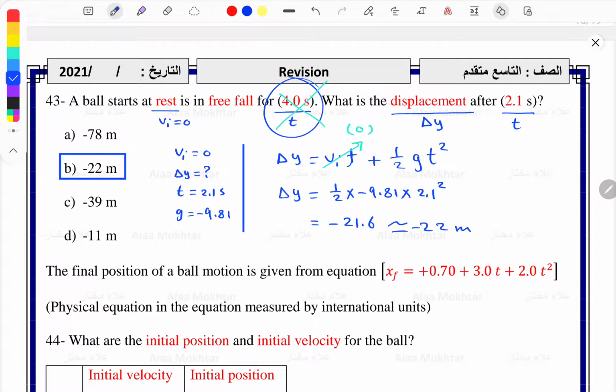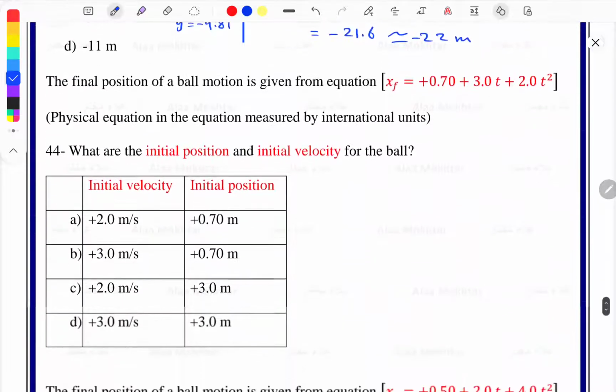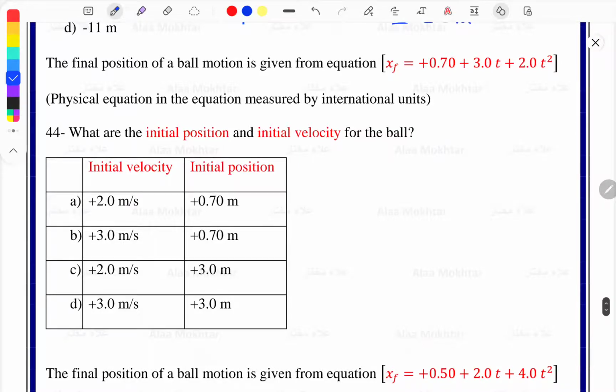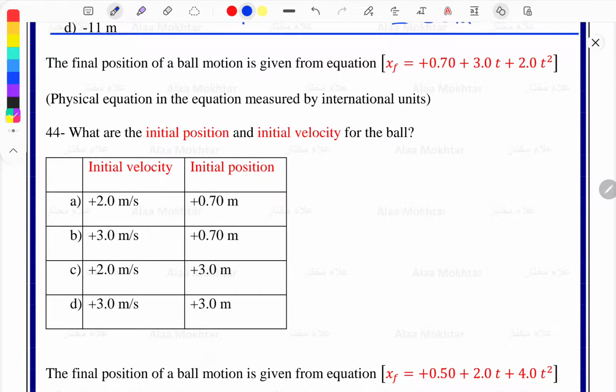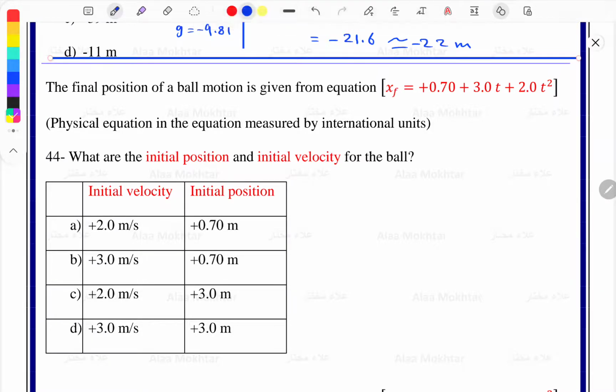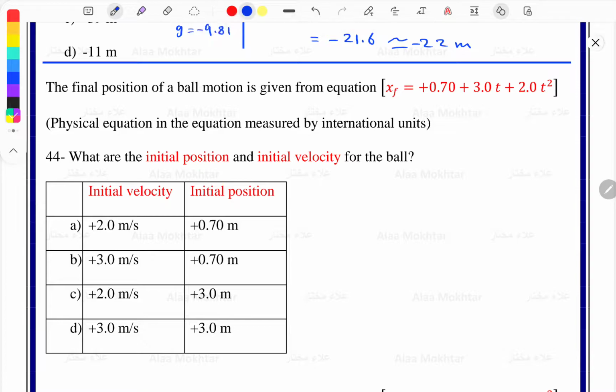The next question, I can solve it above this question, okay? The final position of a ball motion is given by the equation.